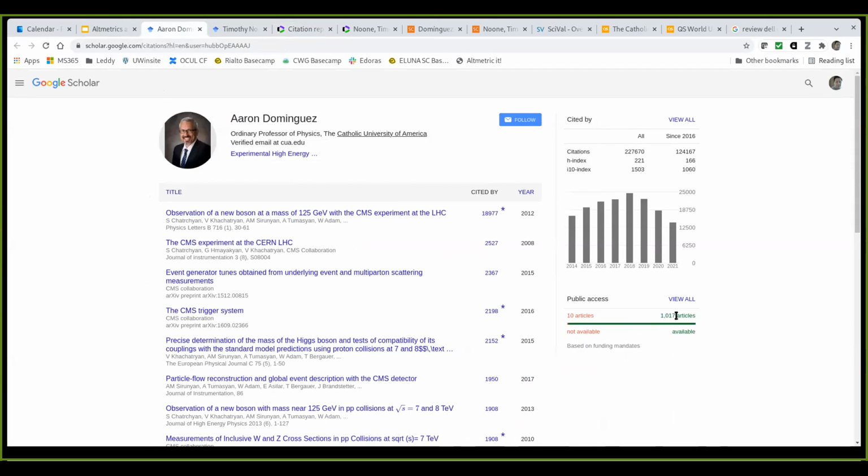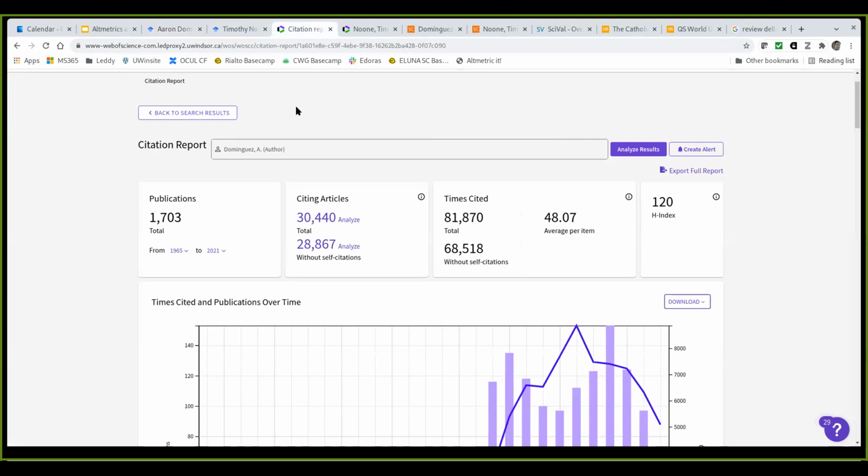That's because each of these tools select different parts of the scholarship universe. They don't all have the same publication set that they all include. So you're going to get different numbers. And so when you're looking at these, you have to kind of bring a critical eye to understand what part of the publication set they're looking at.